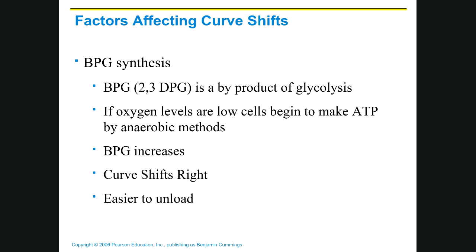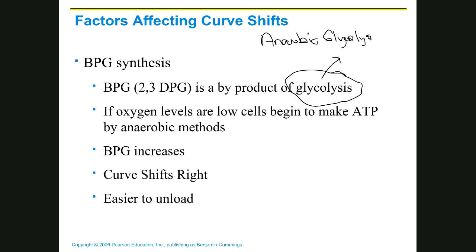And then there's 2,3-diphosphoglycerate. What you need to know about it is that it's a byproduct of glycolysis. You remember anaerobic glycolysis? Everybody remember that? Well, if you think about anaerobic glycolysis, anaerobic means no oxygen.